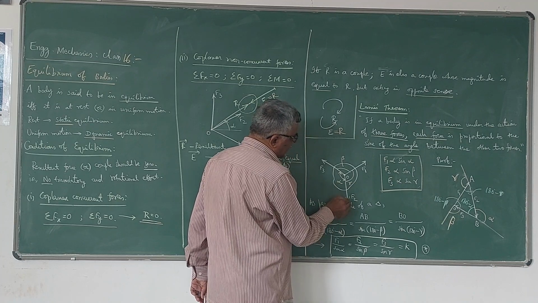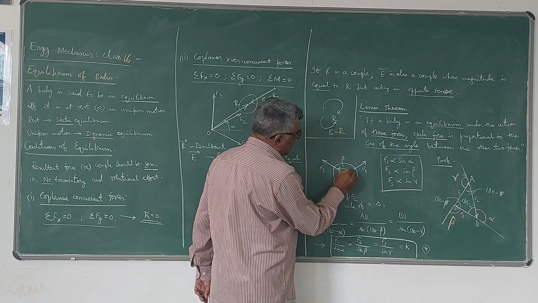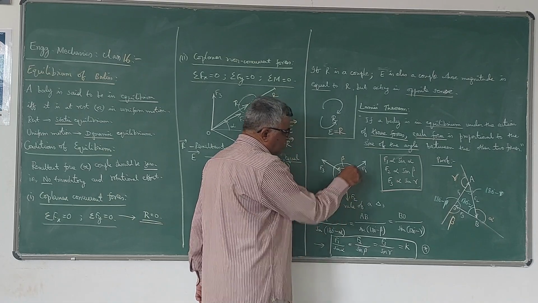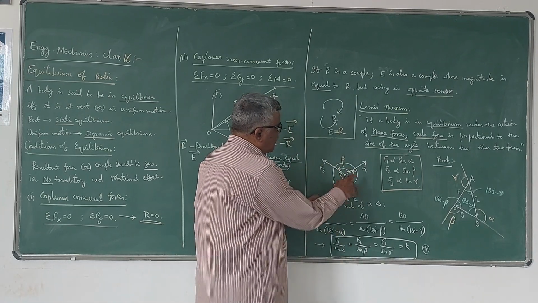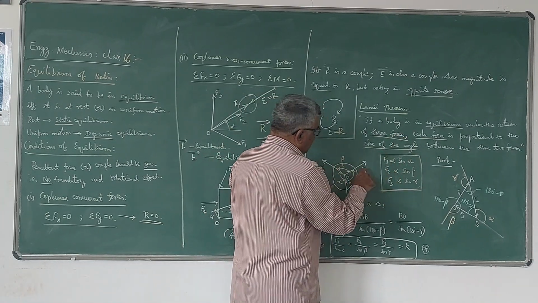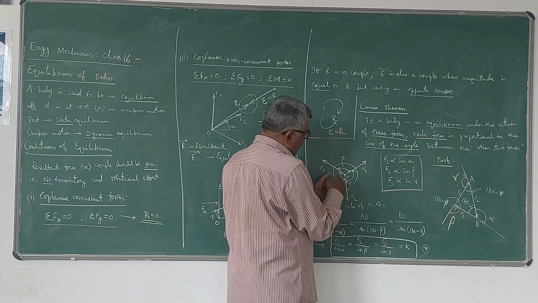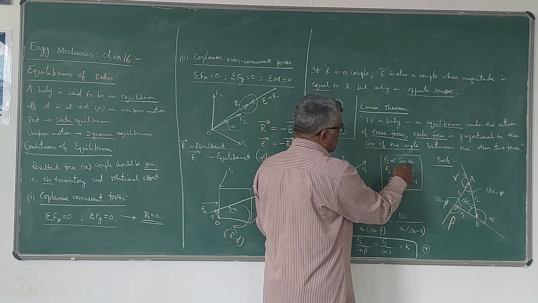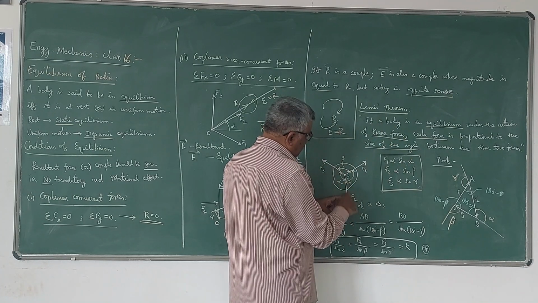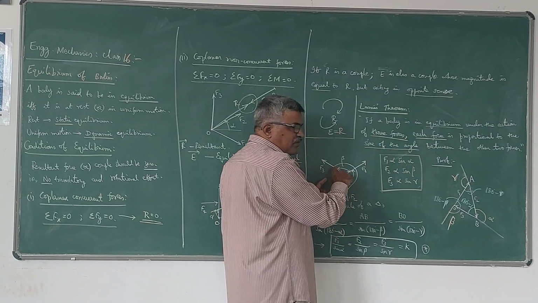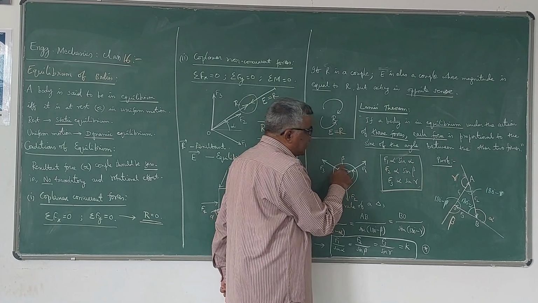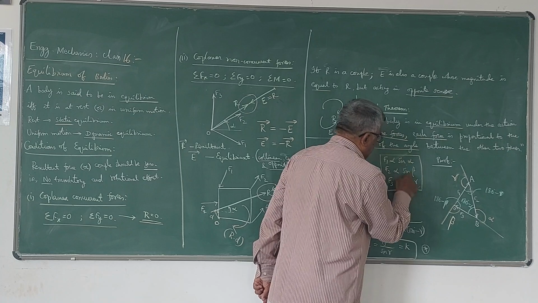Alpha is the angle between F2 and F3, beta is the angle between F1 and F3, gamma is the angle between F1 and F2. So according to this statement, F1 is directly proportional to sine of the angle between the other two, which is alpha, therefore F1 is directly proportional to sine alpha. Then F2 is directly proportional to sine of the angle between the other two forces, which is beta, so F2 is directly proportional to sine beta.